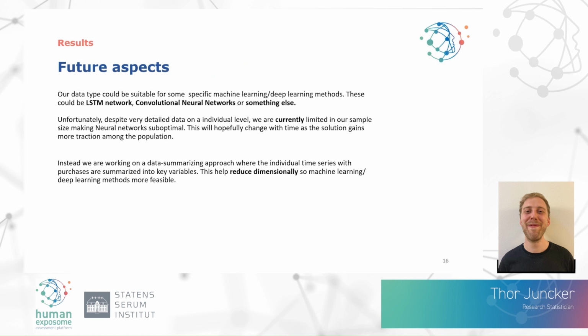And then we try to summarize that into key variables that will hopefully capture the time series behaviors that we see in the data, in such a way that we can reduce dimensionality and use machine learning and deep learning methods across these different exposures simultaneously, because we don't want to look at smoking in isolation. We want to add all the data together and model it simultaneously. But we haven't done that yet.